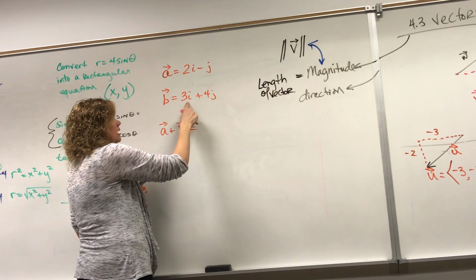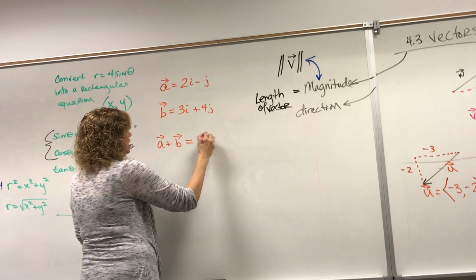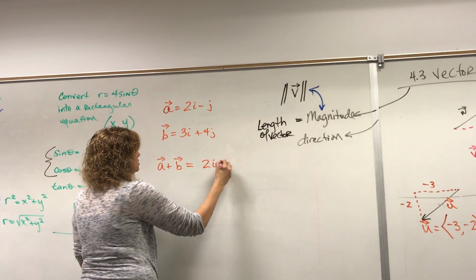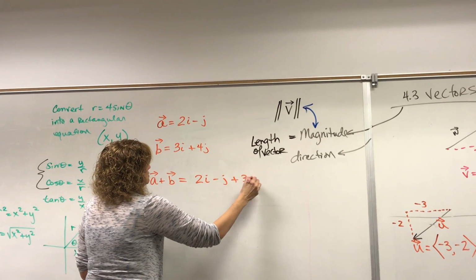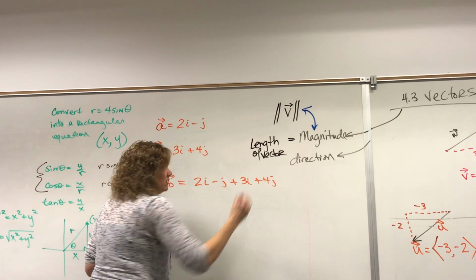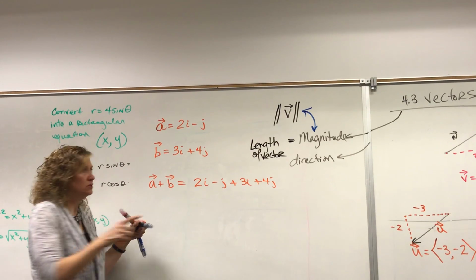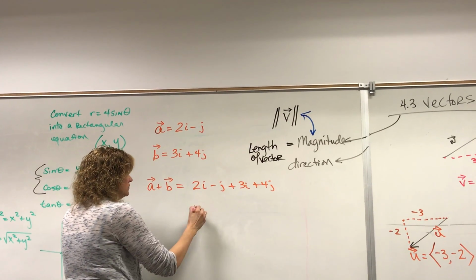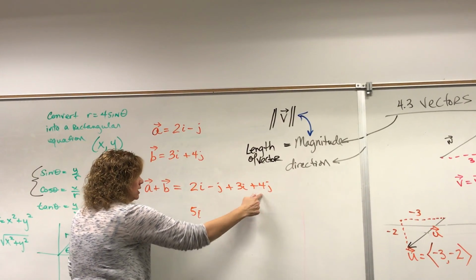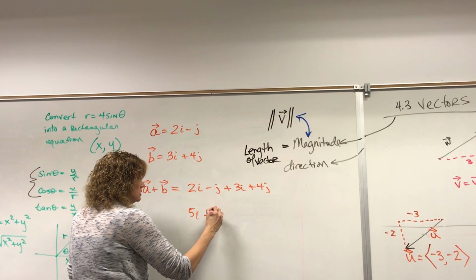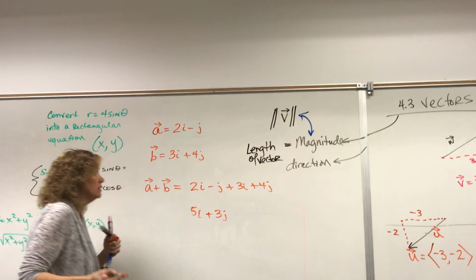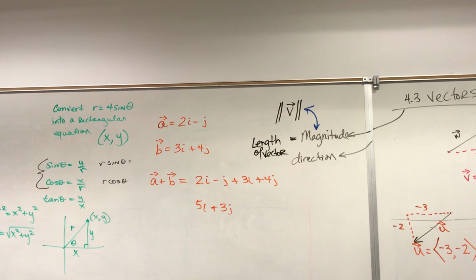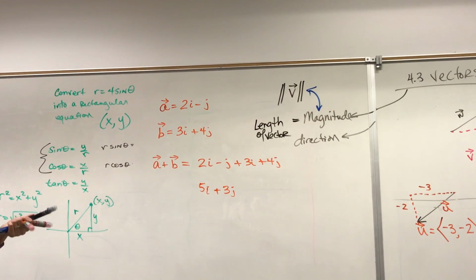So it's 2i and 3i, and then if you write it like an equation, and combine like terms, 2i and 3i is 5i, minus j plus 4j is plus 3j. Then we get that. Okay, so we will continue vectors on Monday.